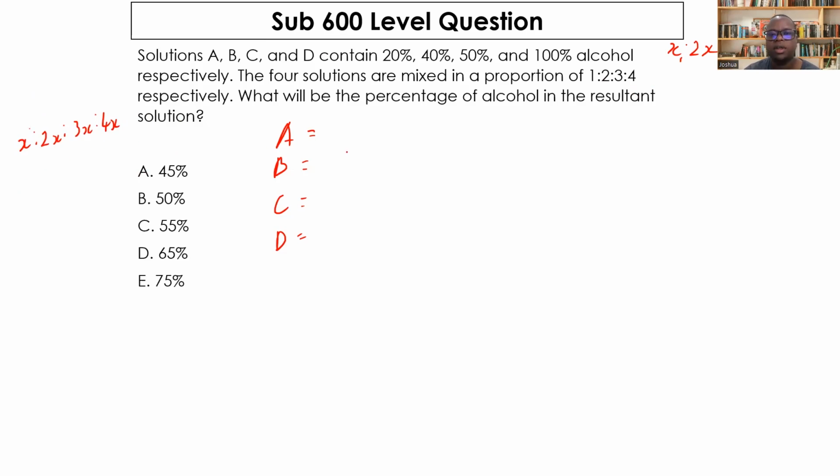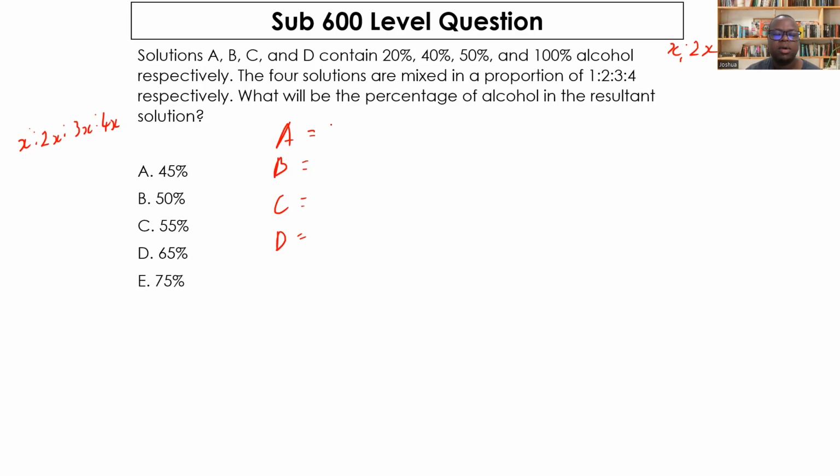That is how you can present these ratio problems, so that you can get the magnitude of each mixture relative to the others. So you have A being 20%, B being 40%, C being 50%, and D being 100%.